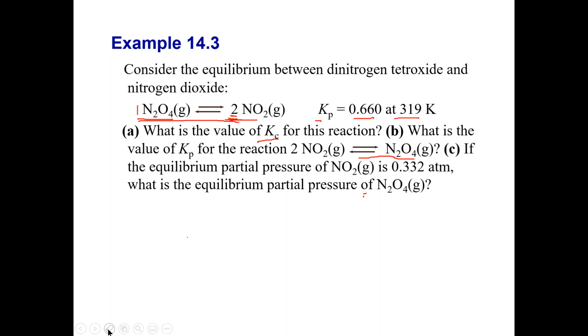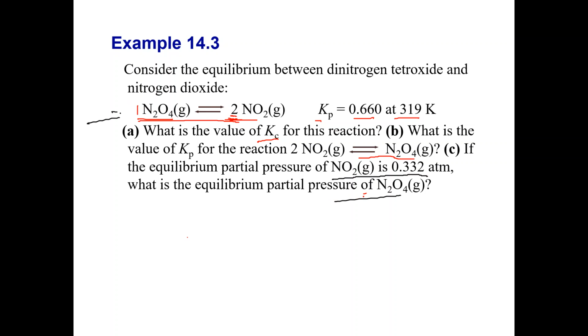Okay, so the question gives you the partial pressure of NO2, and the question is asking for the partial pressure of N2O4.